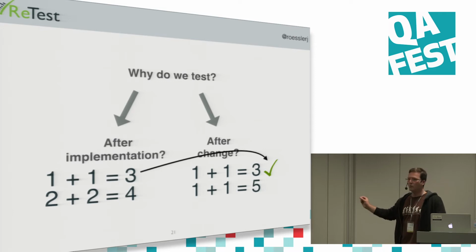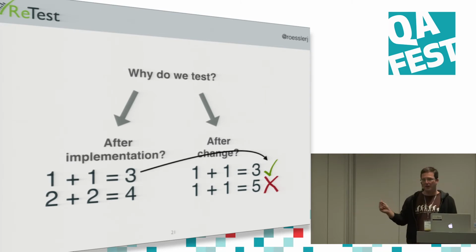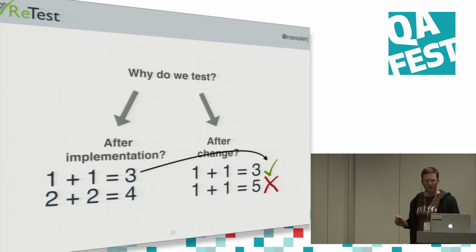Like if 1 + 1 is suddenly 5, then this is the wrong answer. Mind you, mathematically both are wrong, so it doesn't matter, right? Because it's wrong whether it's 3 or 5. But if 3 is the one that the customer is used to, then this is the answer he's expecting. This is the right answer, and the other one is wrong.